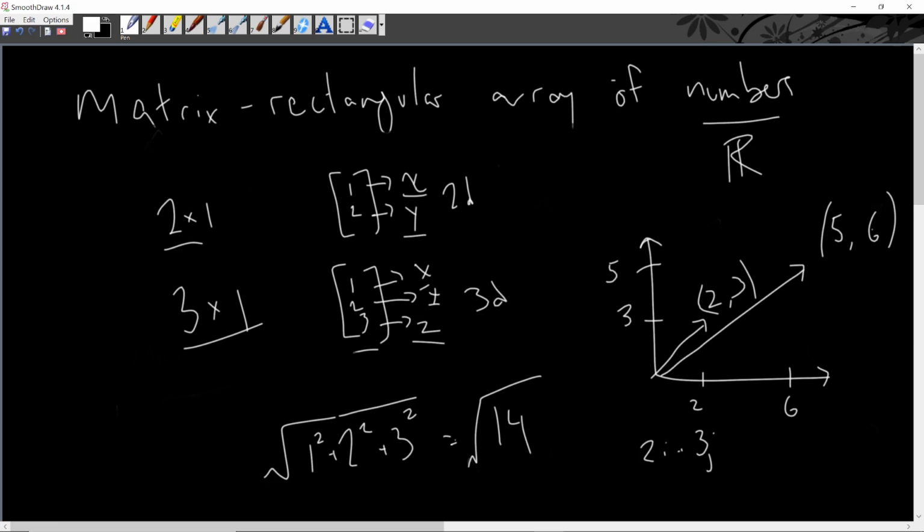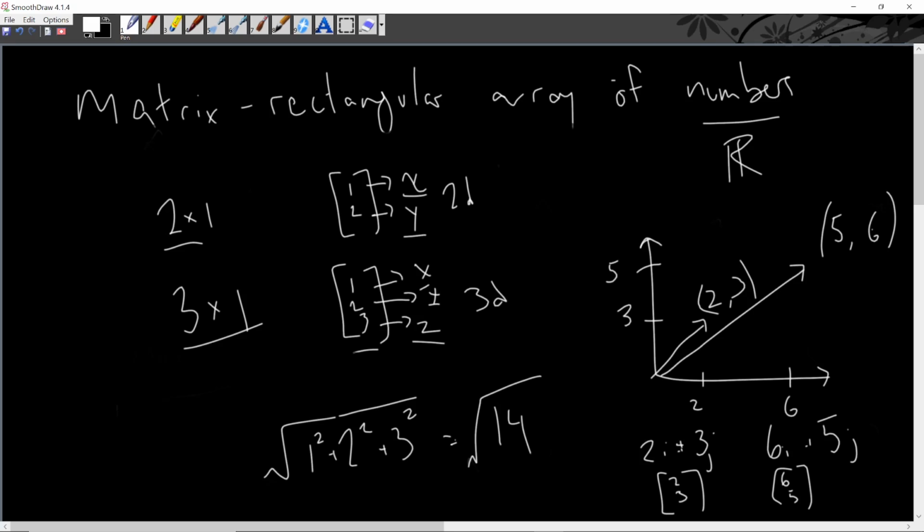we have 6 units traveled in the x direction, so 6i, and then 5 units traveled in the j direction. So this will be the matrix 2, 3, if x corresponds to i, and then y corresponds to j. And then this will be 6, 5, right?